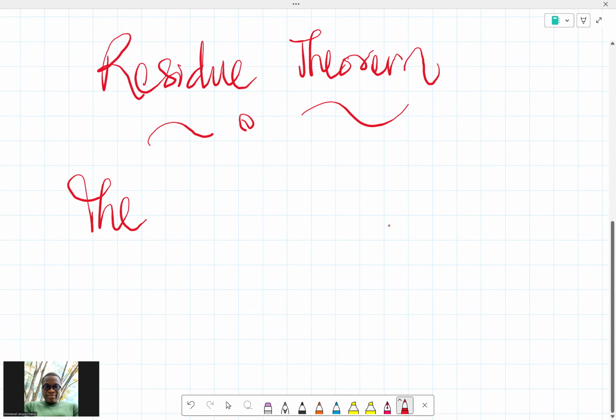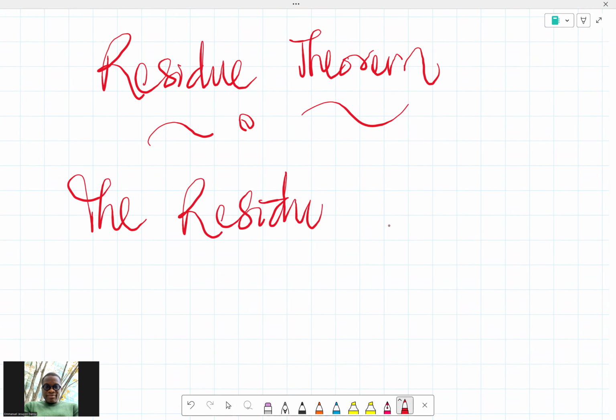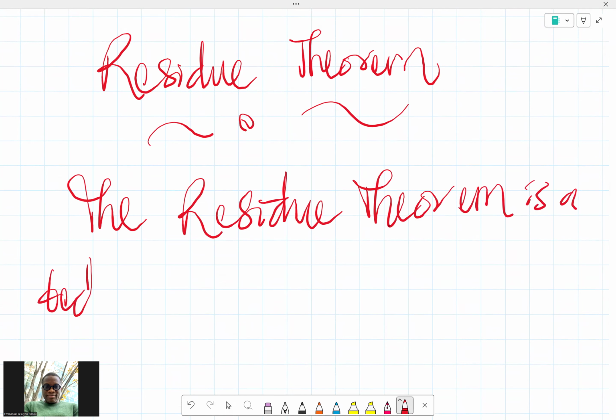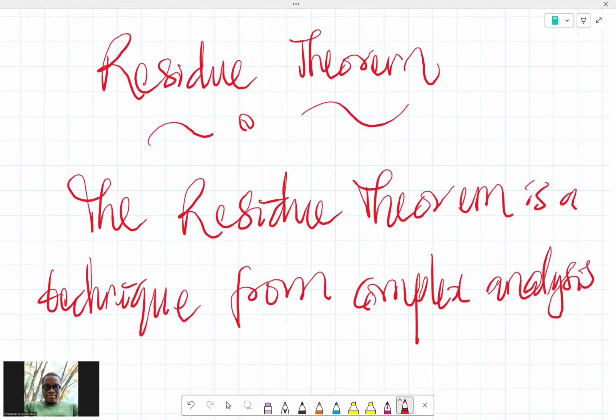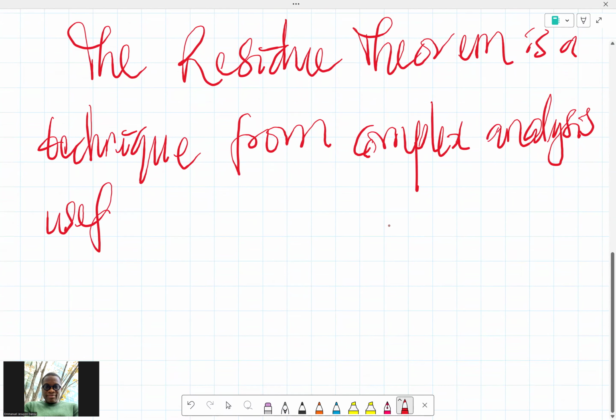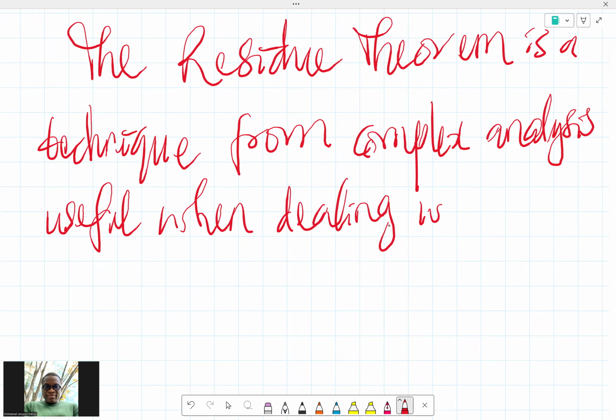The residue theorem is a technique from complex analysis useful when dealing with integrals of rational functions.